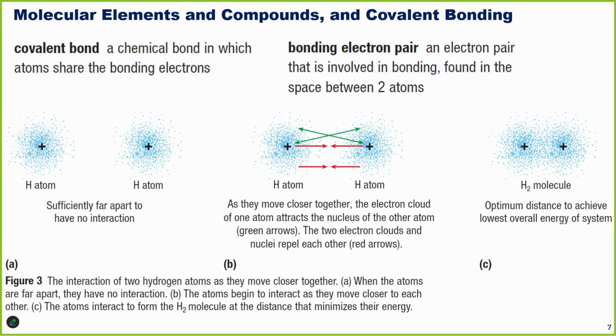When the hydrogen atoms are a certain optimum distance from each other, the attractive proton-electron force balances the repulsive proton-proton and electron-electron forces. The resulting hydrogen molecule is more stable and therefore has lower energy than the individual atoms that comprise it. This concept is illustrated here in Figure 3.